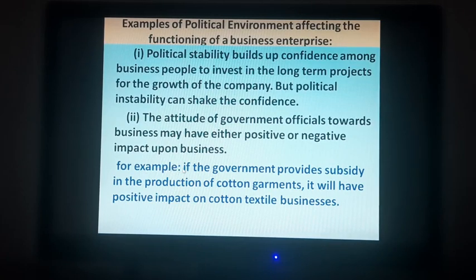For example, if the government provides subsidy in the production of cotton garments, it will have positive impact on the cotton textile businesses. So this is one such example. On what areas or in which business or industry or company the political environment is giving more emphasis, it will grow. So it depends upon the political environment how the business will grow.